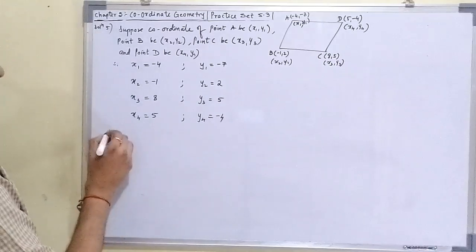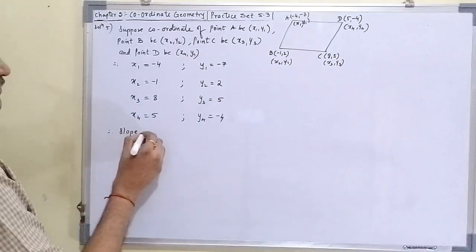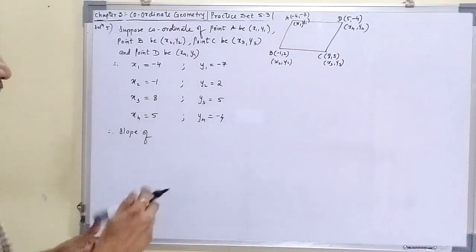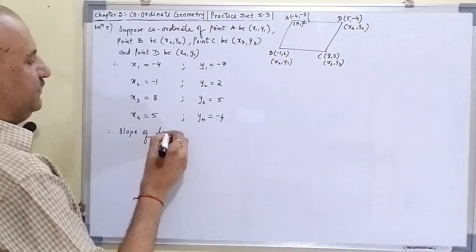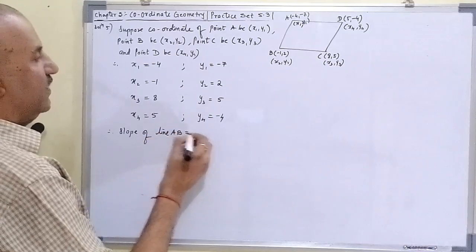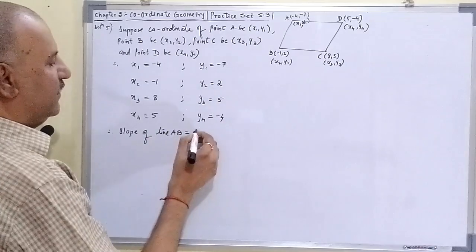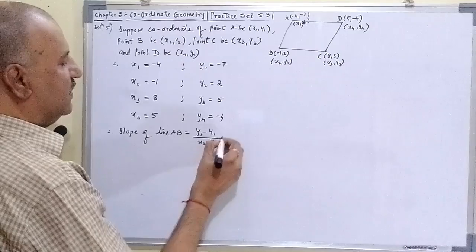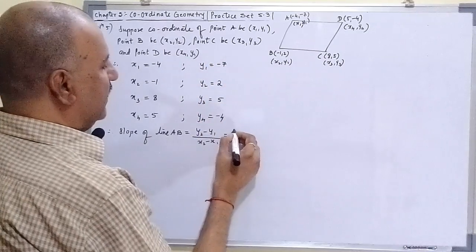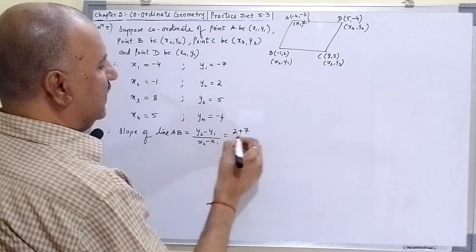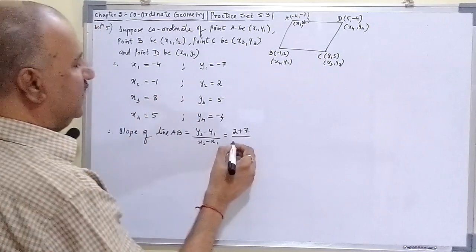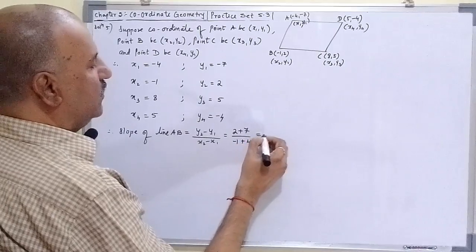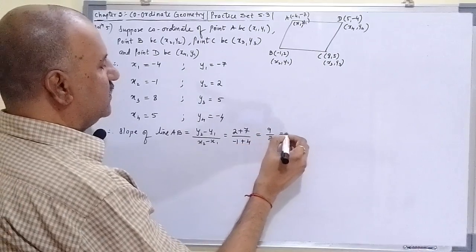So, therefore, find the slope of AB first. Slope of line AB is y2 minus y1 upon x2 minus x1. What is y2 minus y1? 2 minus minus is plus 7, upon minus 1 minus minus plus 4. So 9 upon 3 is 3.